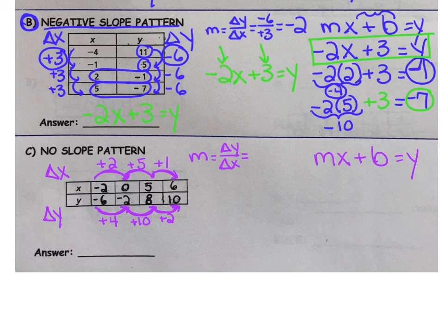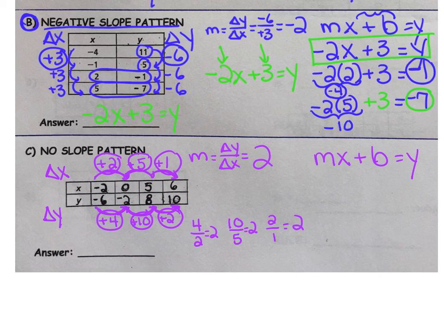Take, however, each delta y and put it over its delta x. 4 over 2, then 10 over 5, and finally 2 over 1. If we reduce each of these, we see we have a consistent slope of 2. So there is a slope when it sort of looked like we weren't going to get a consistent pattern.